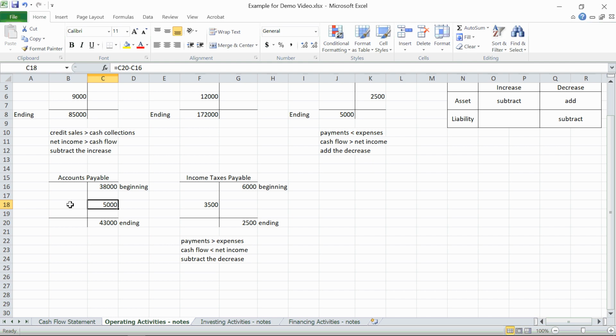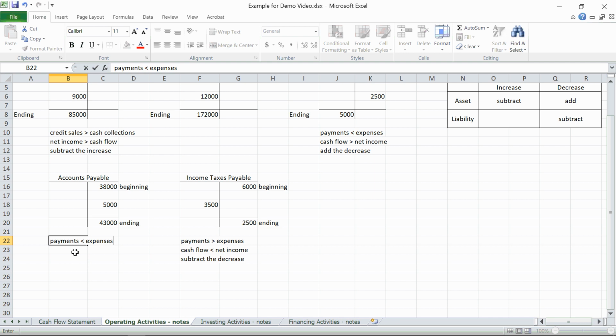And so you have payments over here, expenses over here. So you've had more credits than debits. So in this case, your debits, which would be your payments, are less than your expenses, which would happen on the right side of accounts payable.